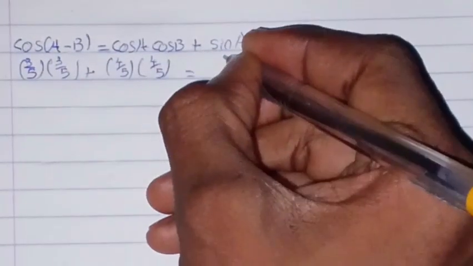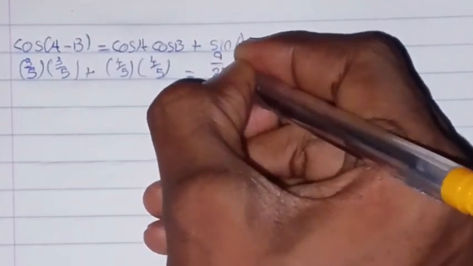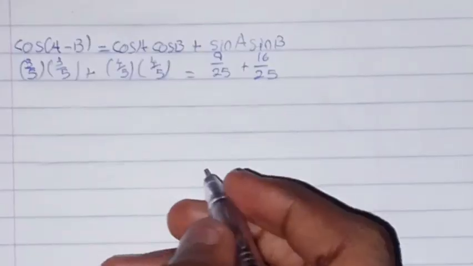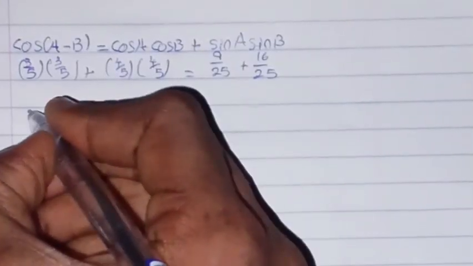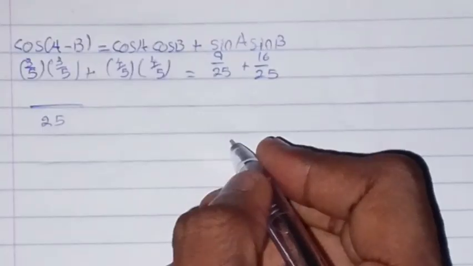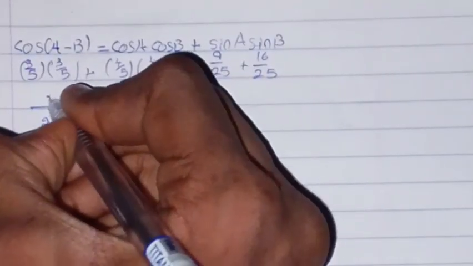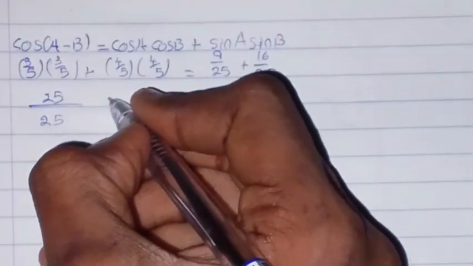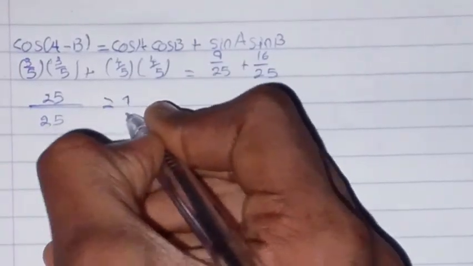Multiplying gives us 9 over 25 plus 16 over 25. The LCM is 25, and 9 plus 16 is equivalent to 25 again. So we just divide 25 by 25, which is equivalent to 1, as our value of cos A minus B.